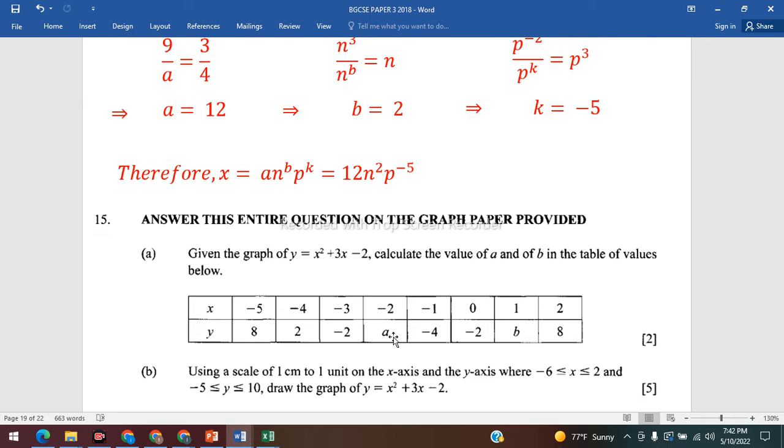I have to put it in the calculator. Negative 2 squared plus y. Negative 2, negative 2 again. Negative 12. Negative 12? No, give me no, negative 12.